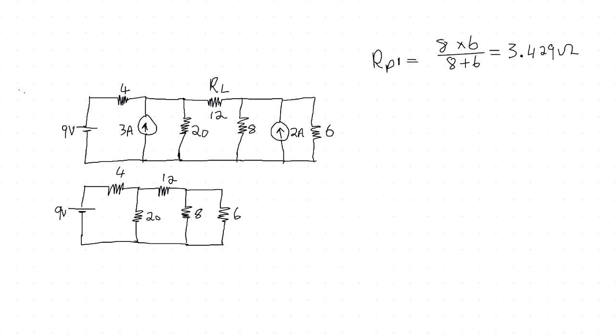After that, this combination is in series with the 12 ohm, so RS1 equals 3.429 plus 12, which is 15.429. Therefore, that will be parallel with the 20.